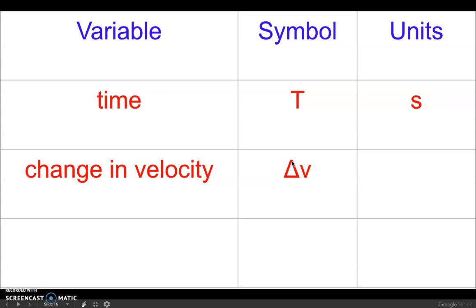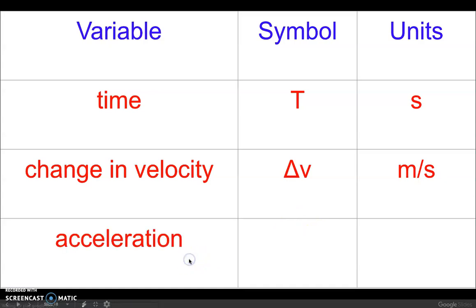And physicists use delta in their formulas when they want to represent that something is changing. So because acceleration causes changes in velocity, we're going to be studying those changes in velocity today. And then the units are meters per second for velocity.